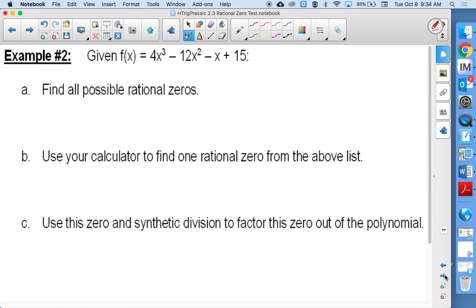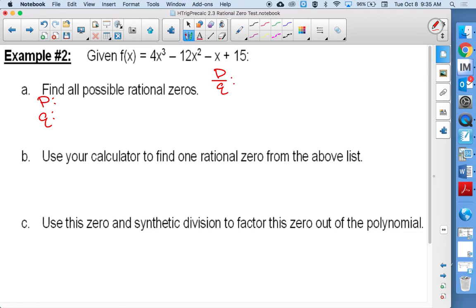The first part is to list the possible zeros. That's the mathematical support as to why my zeros are being created. Where are they coming from? So we are going to list the possible rational zeros by getting P, by getting Q, and then getting a list of P divided by Q values.